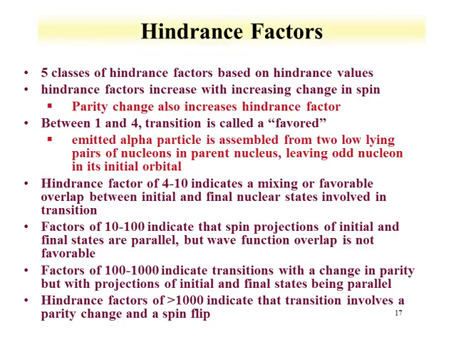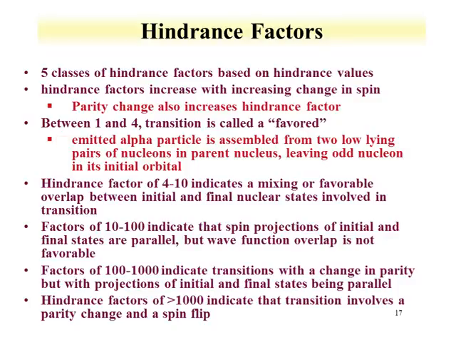And this is exactly what we see: there are 5 classes of hindrance factor that are based upon some values. And we can describe the transitions as favored or less favored. If you have a hindrance factor between 1 and 4, the transition is a favored transition, so the emitted alpha particle is from 2 low-lying pairs of nucleons.